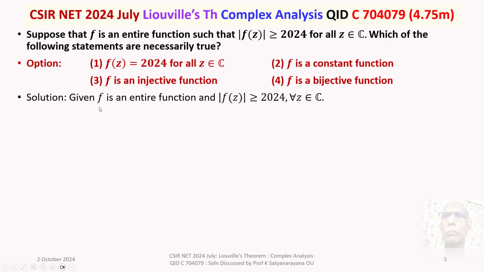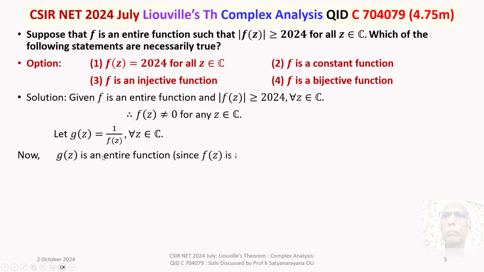We are given f, an entire function, and it is given mod f(z) greater than or equal to 2024 for all z belongs to C. Because mod f(z) is greater than or equal to 2024 for all z belongs to C, f(z) is not equal to 0 for all z belongs to C. Therefore, let g(z) is equal to 1 by f(z) for all z belongs to C. This will imply g(z) is an entire function.